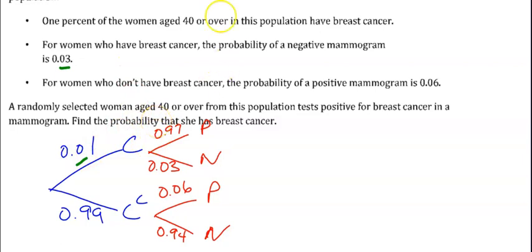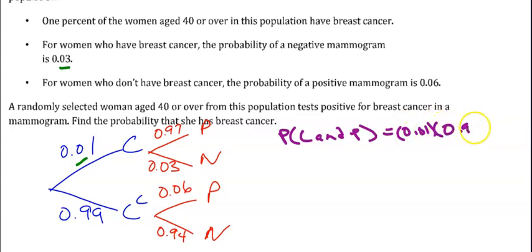So if we're following our branches, the probability of cancer and a positive mammogram is going to be 0.01 times 0.97, which is 0.0097, right?